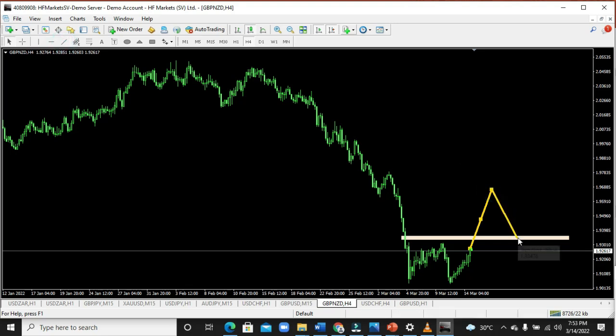Whenever it tests this zone, brokers will activate your trade. That is what the limit order is. The limit order helps you to be sure of the market you are entering. It helps you to confirm your entry point. It helps you to be sure that this is exactly the place I want to buy this market. So these are different orders that we look at when we are trading forex.